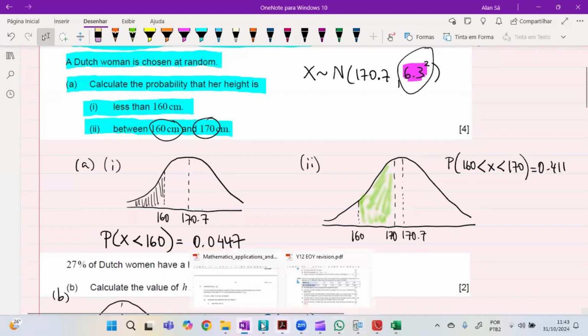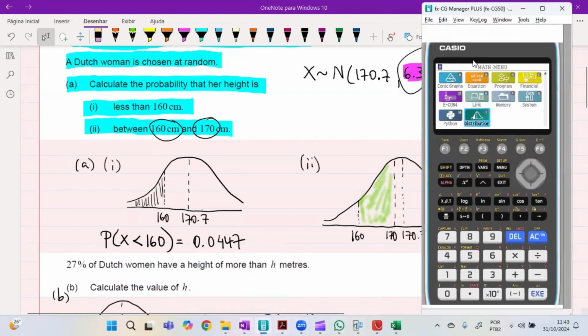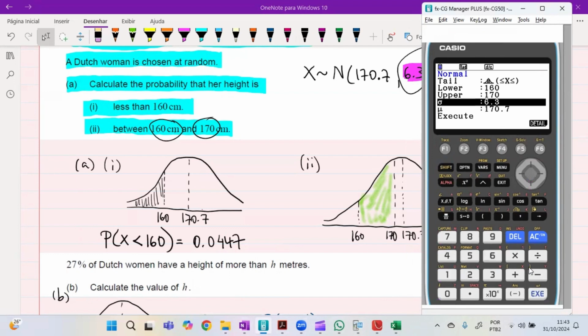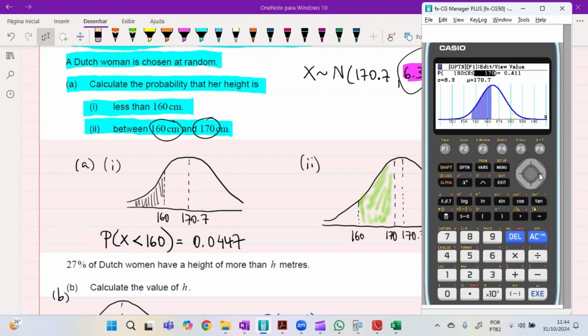If we go to the Casio calculator, we go to distribution, then normal, and select the probability of being between 160 and 170 with the same values for mean and standard deviation, then execute. In the Casio calculator, we sometimes may not be sure about this result, 0.411. We're not sure about the next figure that comes after 1.